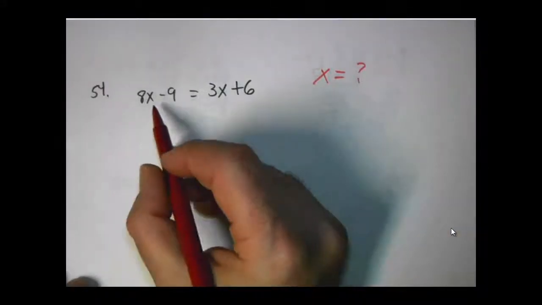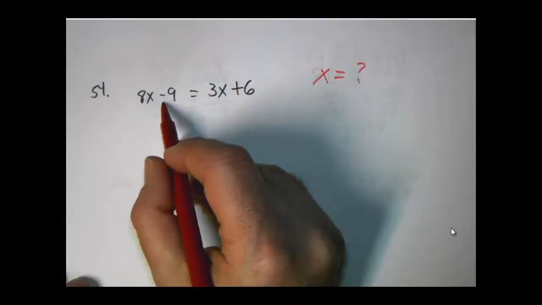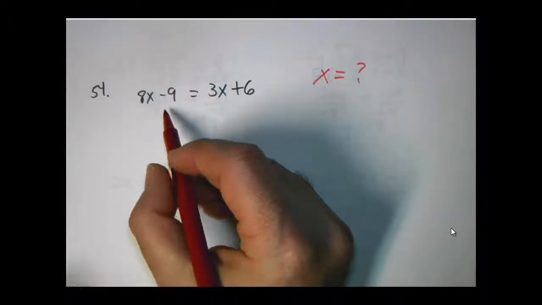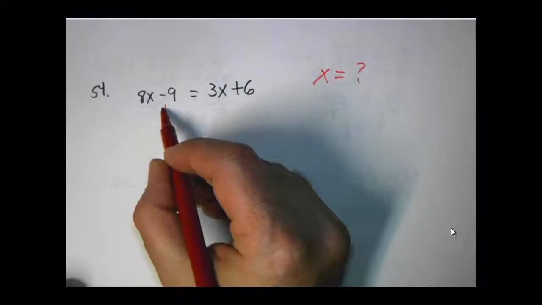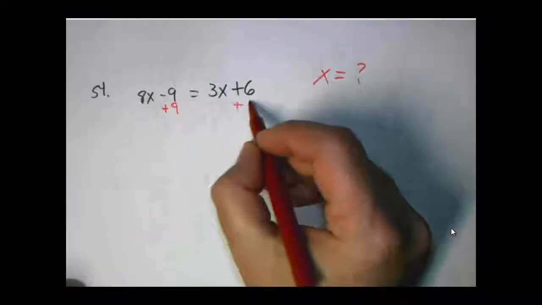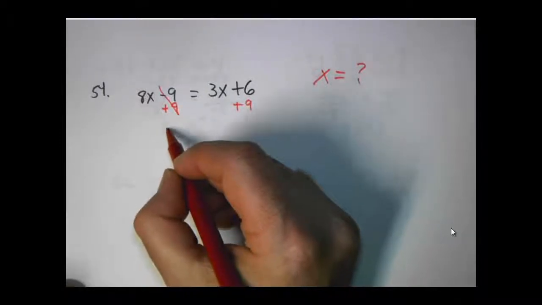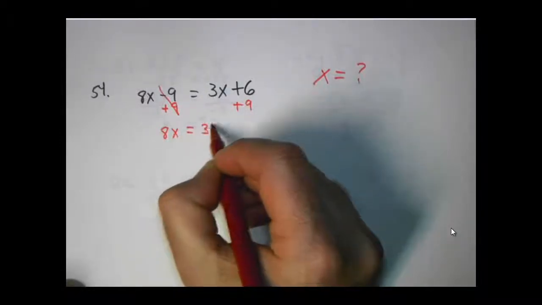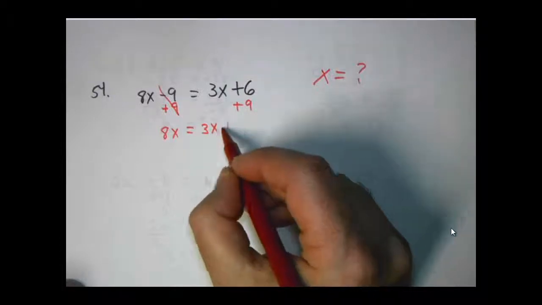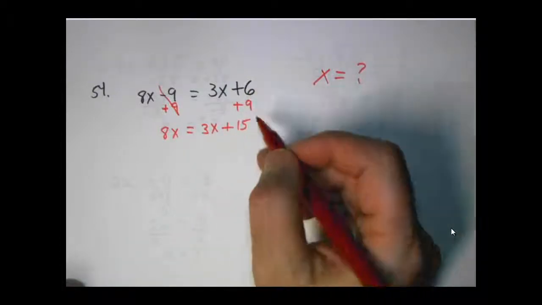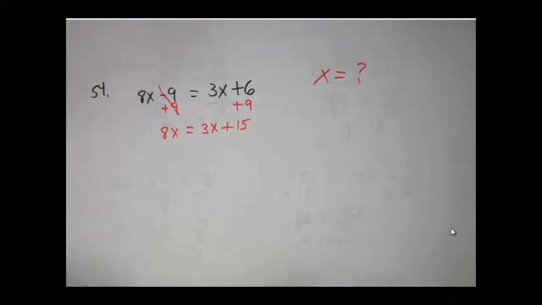So let's go ahead and put the variables on this side. So it means I have to get rid of the minus 9. We do that by doing its inverse, as we always have. We're going to plus 9 to both sides. Well, this cancels then. So then we have 8x is equal to 3x, because I didn't do anything with that, plus 15. Signs are the same, we add them up. Well, now we need to move the x over here.